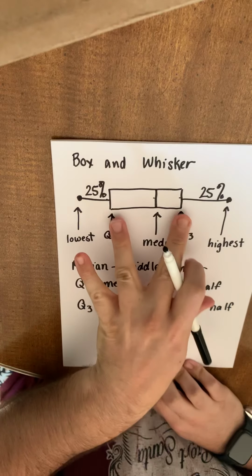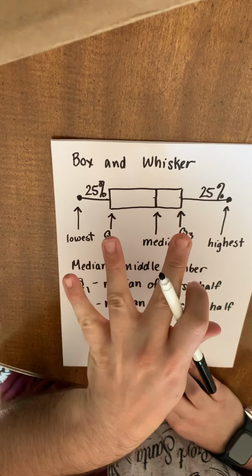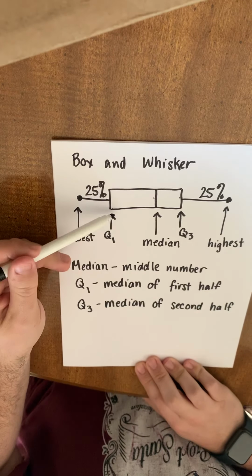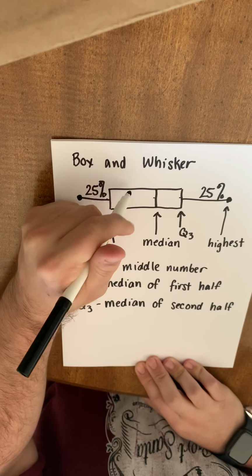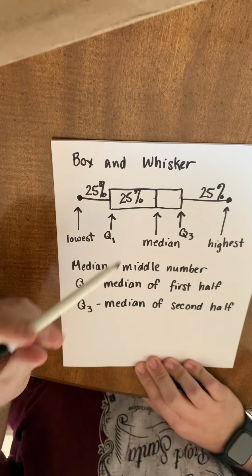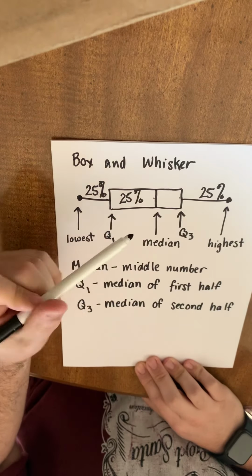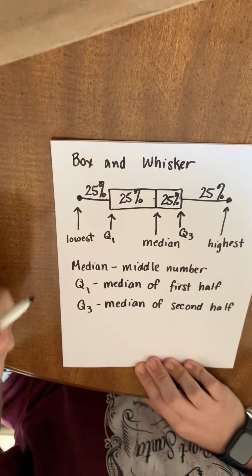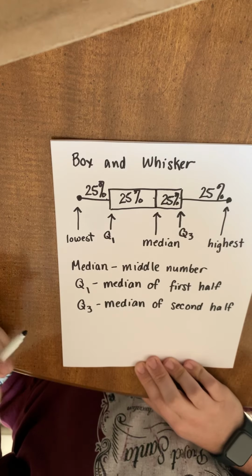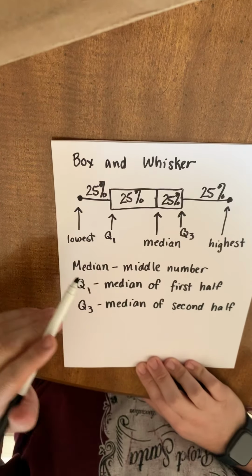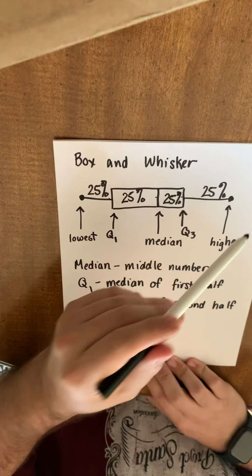Right here in the middle, we have 50% of the data. But if we break that down a little more, Q1 to the median is another 25%. And from the median to Q3 is the last 25%.